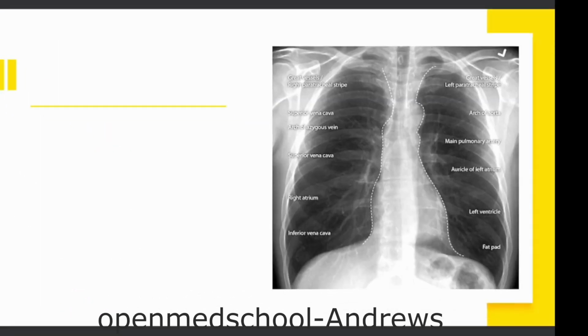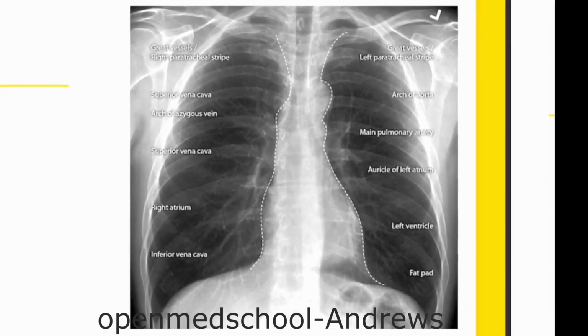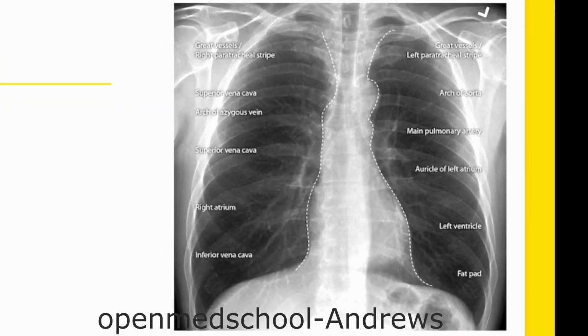So this is one more, a little more enlarged picture. You can see this is on the left side. This is the aortic knuckle, the main pulmonary artery, pulmonary conus, the left atrial appendage, and here the left ventricle.